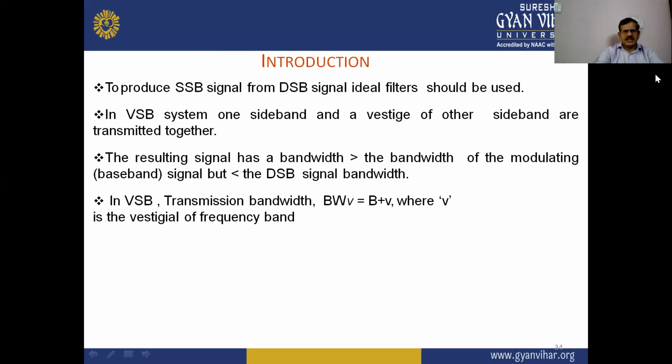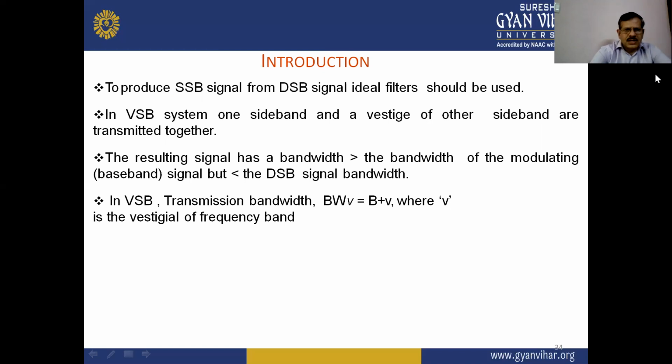To produce an SSB signal from a DSB signal, or a single sideband signal from a double sideband signal, ideal filters should be used. But in a VSB system, one sideband and a vestige of the other sideband are transmitted together.